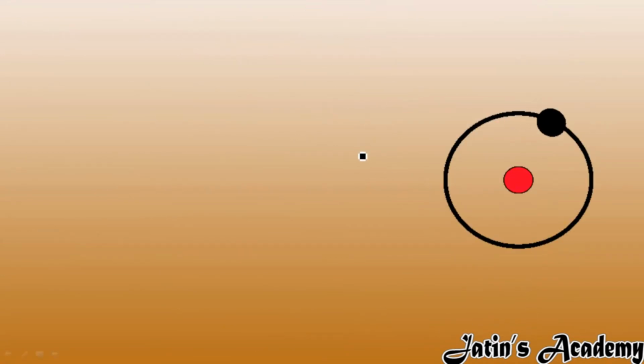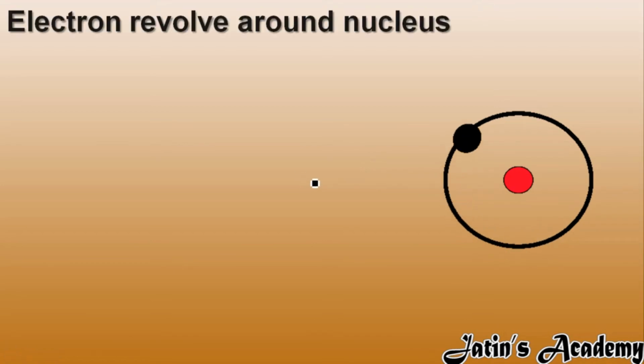Next we have to see some examples related to this. We know that for a uniform circular motion, centripetal force is required. Now we will take some examples of uniform circular motion, and see which centripetal force is acting on the body. For example, an electron is revolving around the nucleus.